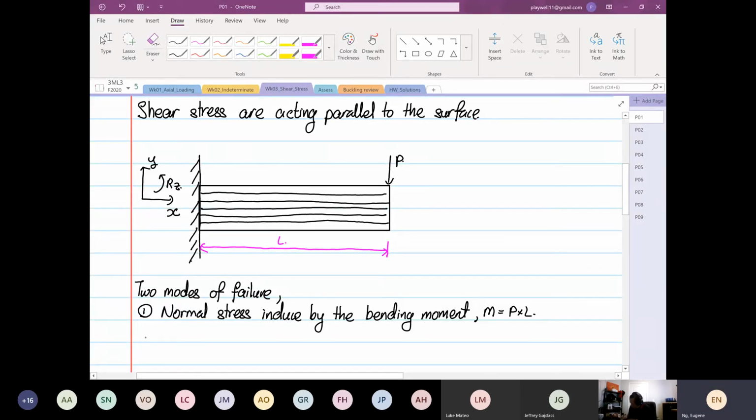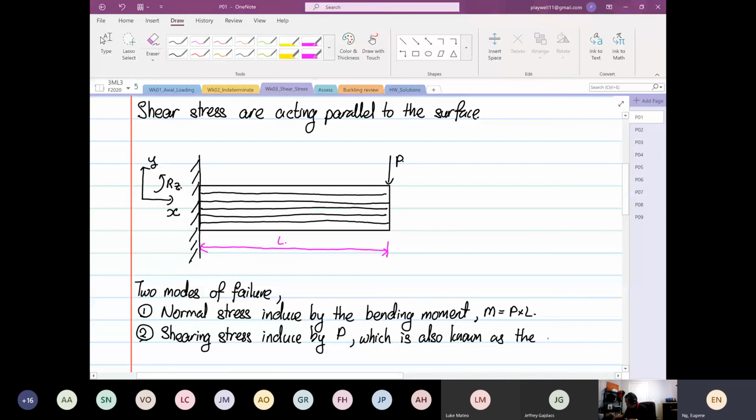And the next one is due to the shearing stress induced by P, okay, which is also known as the shear force. Okay.